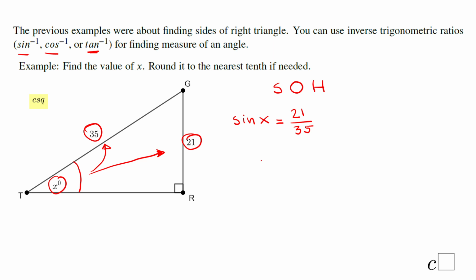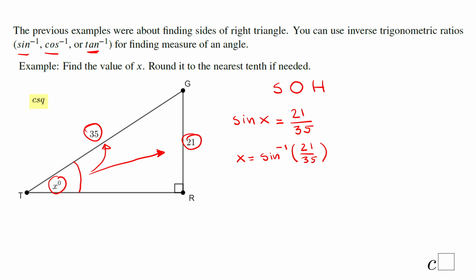It's just the calculator. I'm going to write here the exact solution, which is this one, and look at how I write it. And I will put the parentheses. I would suggest you do the same. And this one says x is the angle for which the sine is 21 over 35. The only way to find it is by using a calculator. Again, that is the exact solution, and you can leave it like that in case you need that.